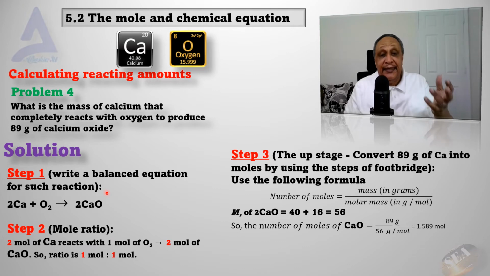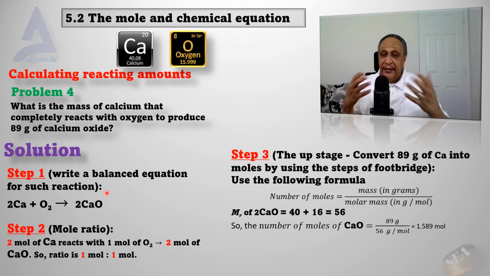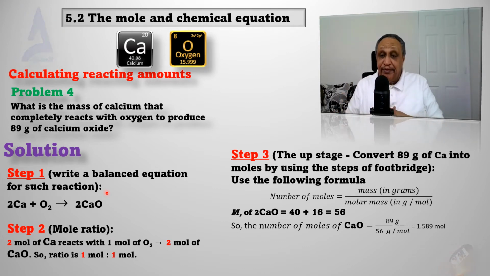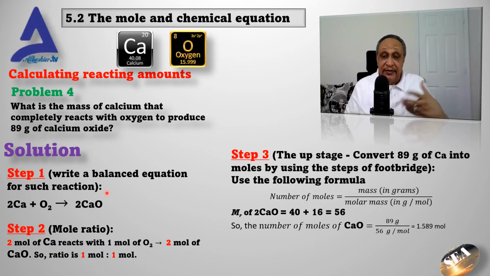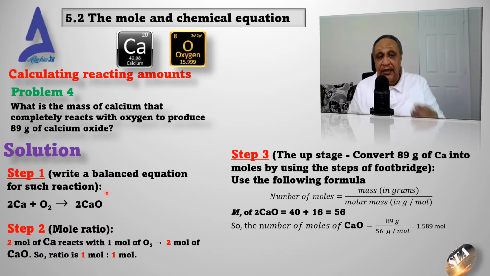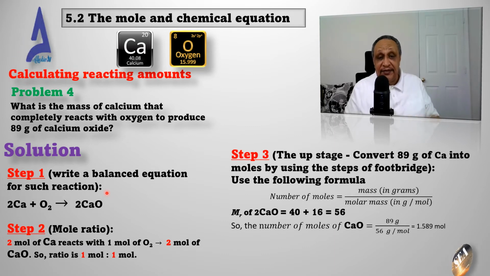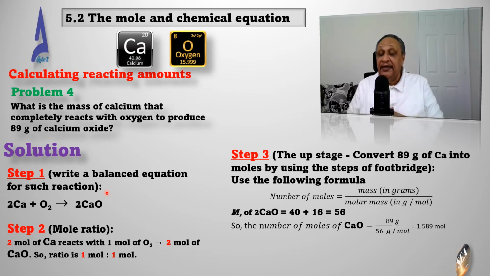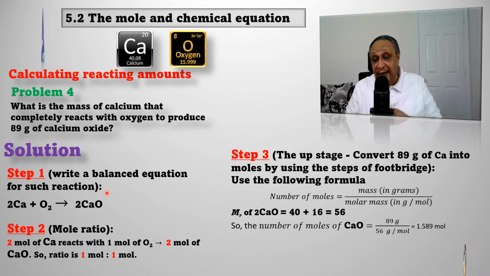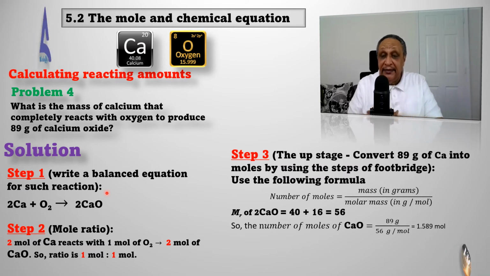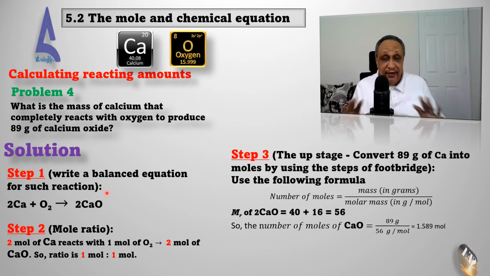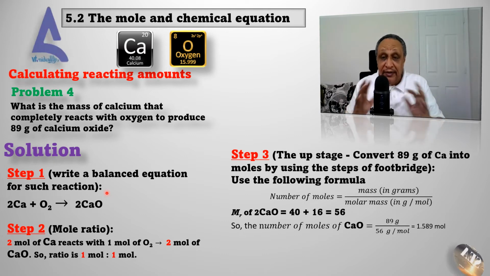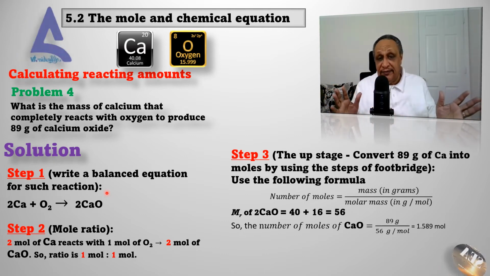Since the equation is not given by the problem giver, you have to form this equation here. It is 2 calcium atoms plus 1 oxygen molecule gives me 2 calcium oxide molecules. That's very simple. Be sure that it is balanced, and that's it.